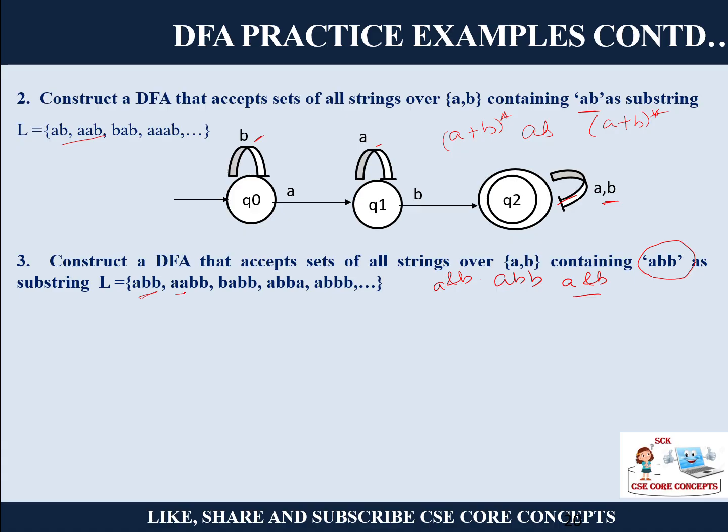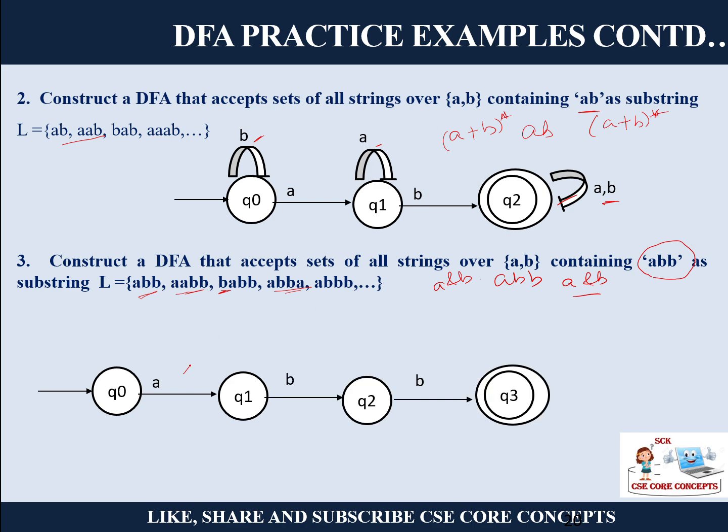Thereafter you have AABB, you can have any number of B's and so on. So let us first make the minimum string possible, that is A, B, B, and you reach the final state. After ABB, you can have any number of A's and B's, and before ABB also you can have any number of B's, right?